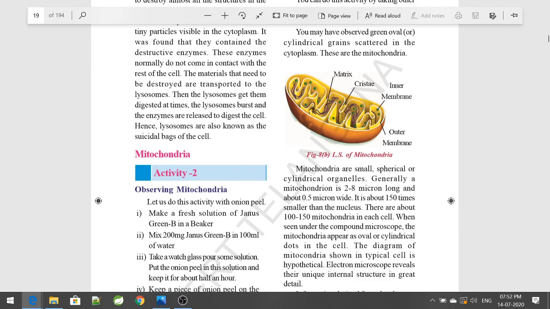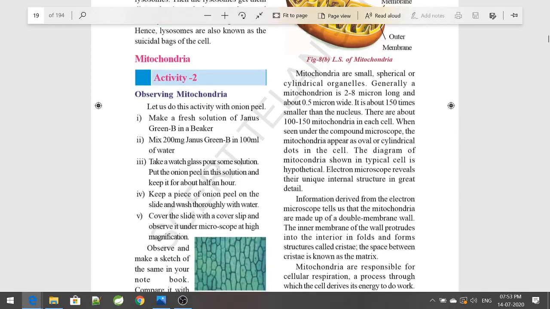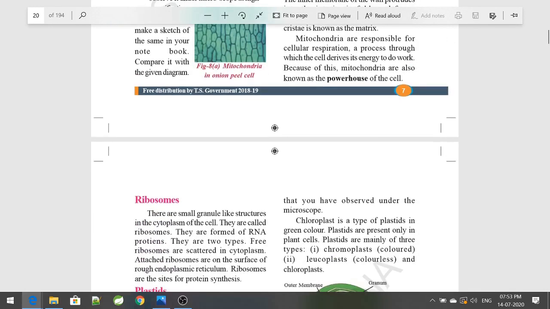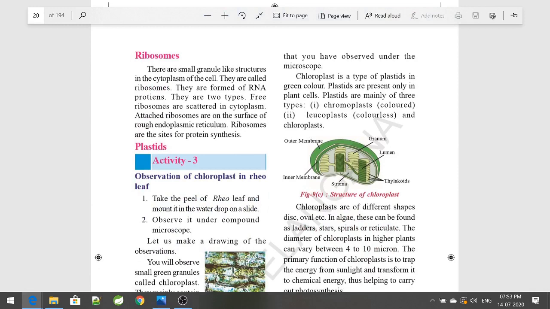These foldings are called cristae, and on them we have small organelles. This is the inner membrane, and this is the outer membrane. In higher classes we have a huge topic on mitochondria. You will understand. Okay.